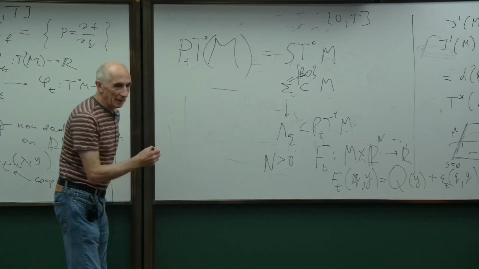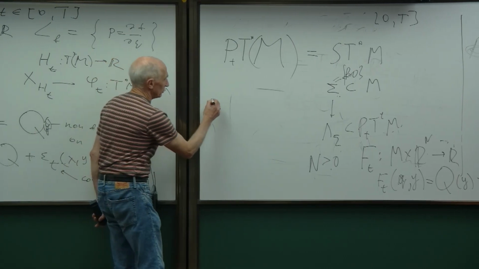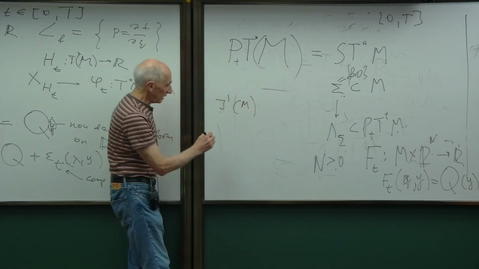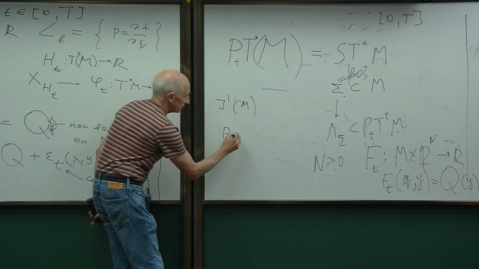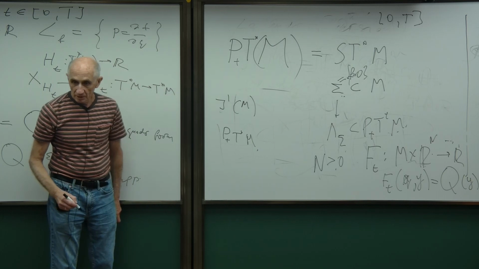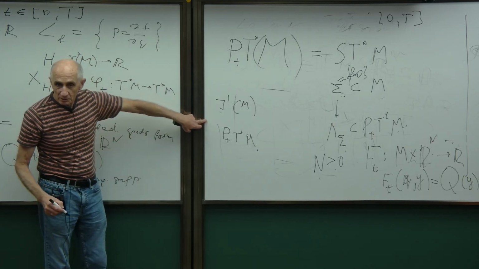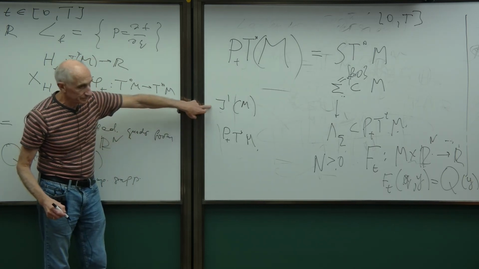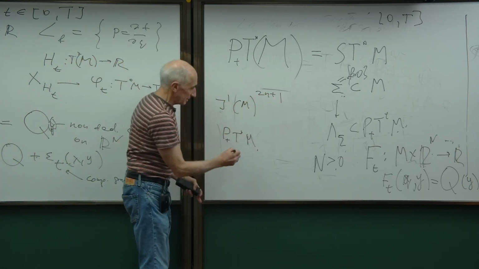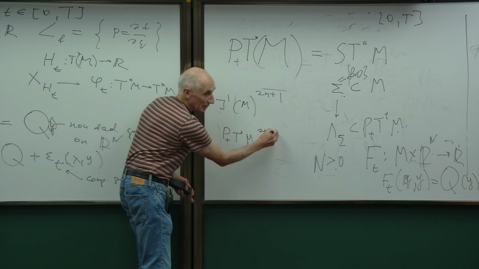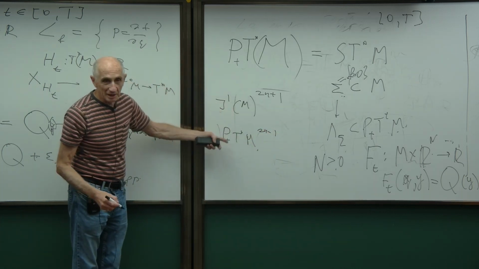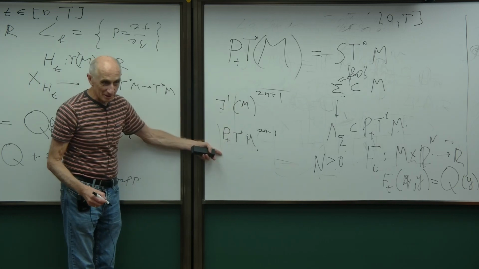Let's compare these 2 contact manifolds: the 1-jet space of M and the positively projectivized cotangent bundle of M. This one has dimension, say, 2n plus 1, and this has dimension 2n minus 1. It's 2 less. So how do I get this from this?